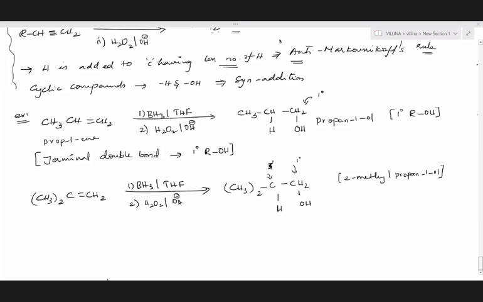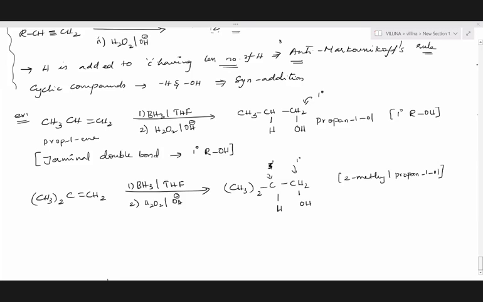That's why this follows the anti-Markovnikov rule: not to the carbon containing more hydrogens, but the exact opposite. The hydrogen is added to the carbon containing fewer hydrogens. If you observe the mechanism, you will understand. Hydrogen itself is added in the first place to the secondary carbon.